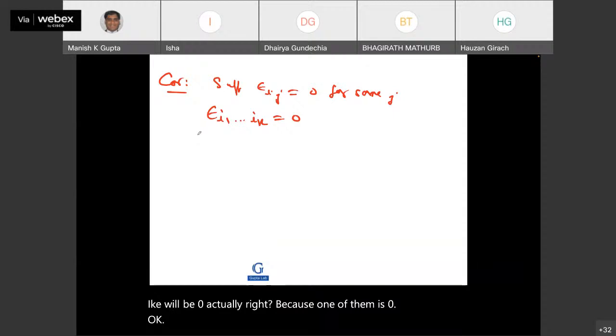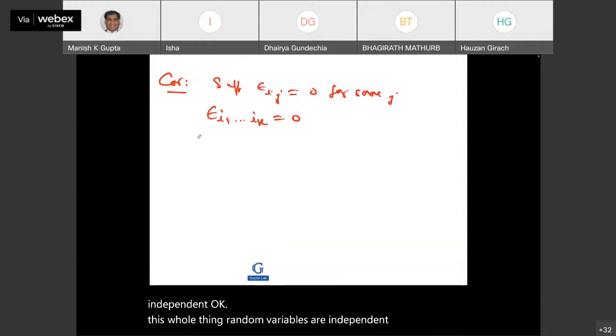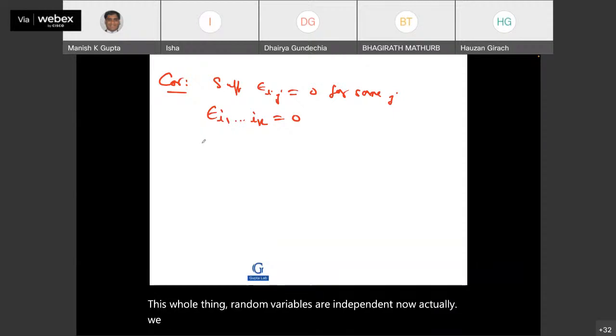This lemma holds in general only when the random variables are independent. This is a small result.